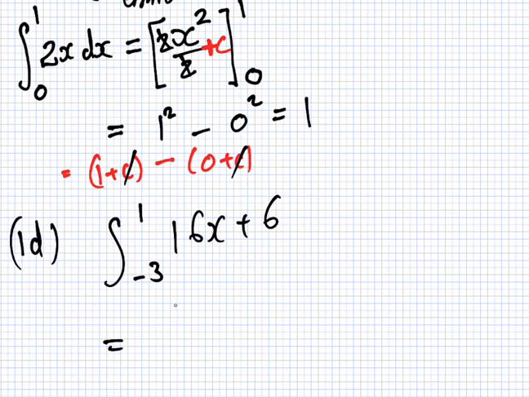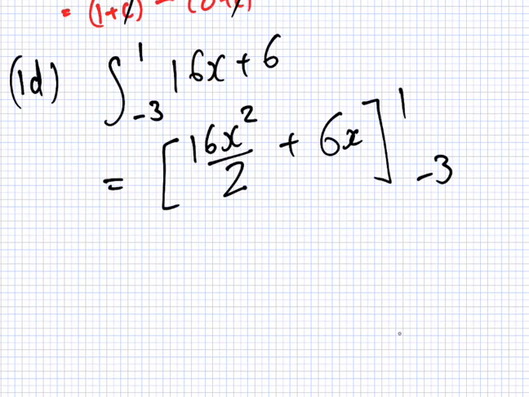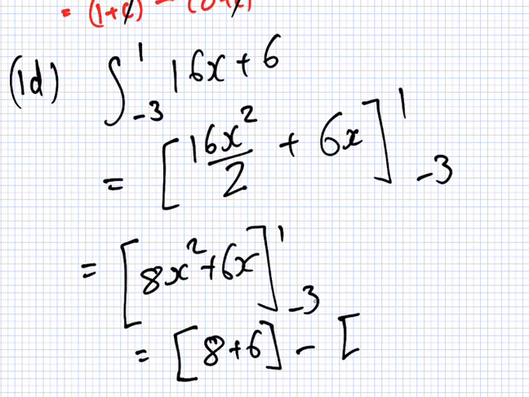So that would be 16x squared over 2 plus 6x with the 1 and the minus 3. That would be 8x squared plus 6x with the 1 and the minus 3, which would be, so if I put in the 1 first, I get 8 plus 6. And then if I put the minus 3 in next, I get 72 minus 18.